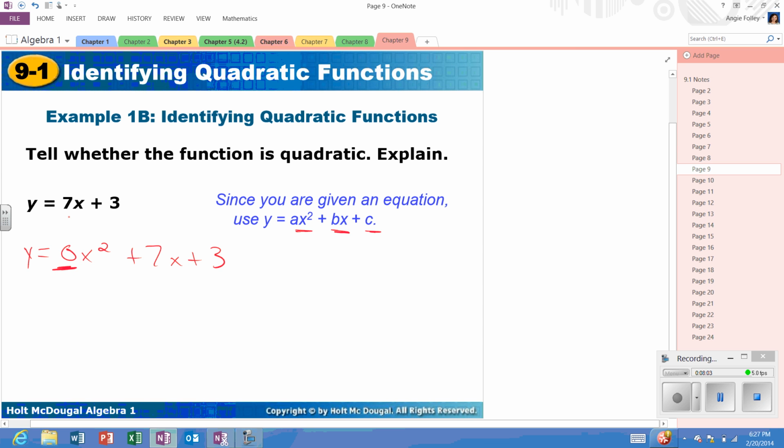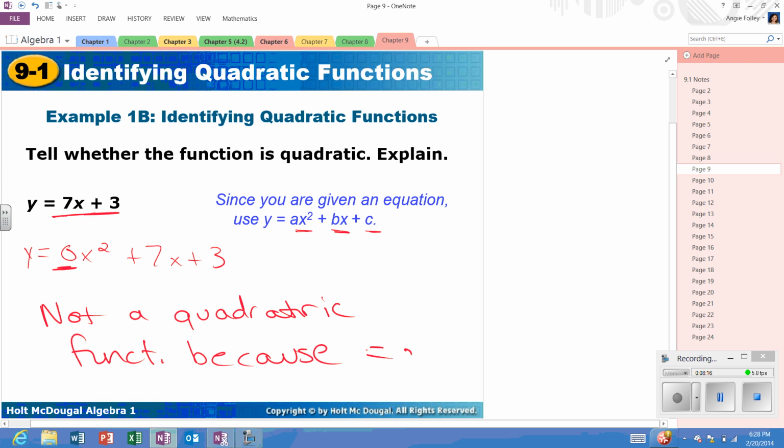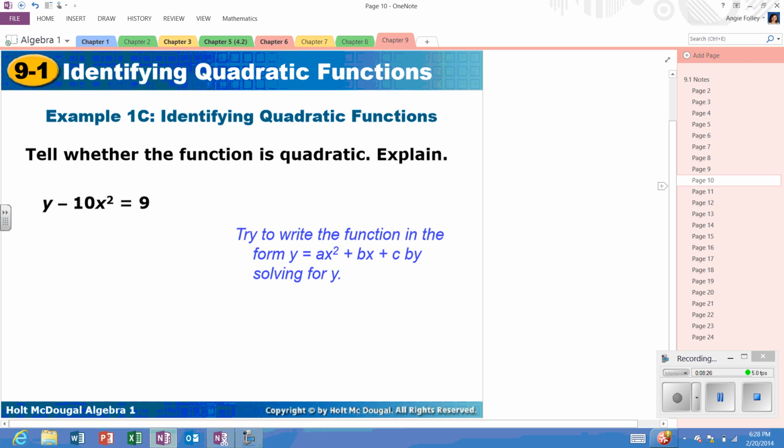There's no x squared value, so this is not a quadratic function, because a is equal to 0. So if there is no a value, meaning it's 0, there's no x squared term in here, then it is not a quadratic function.